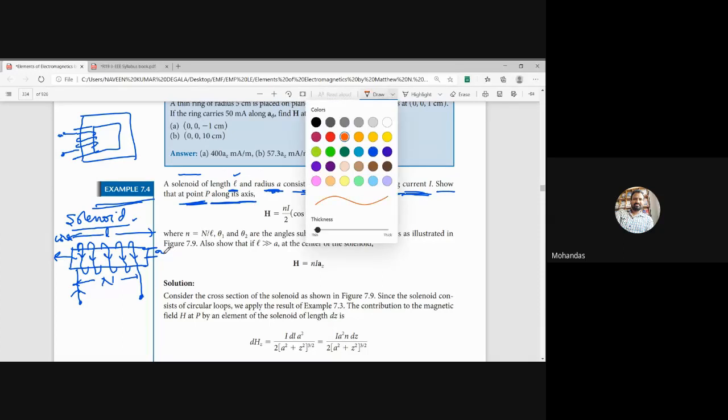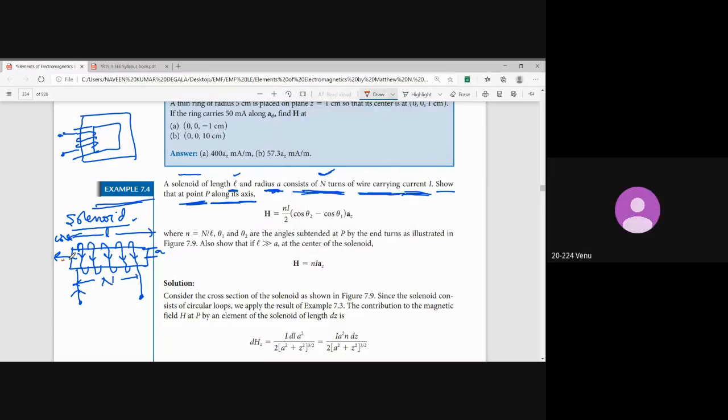Am I audible to everyone? Yes sir. At the horizontal, at the center. This is the axis.